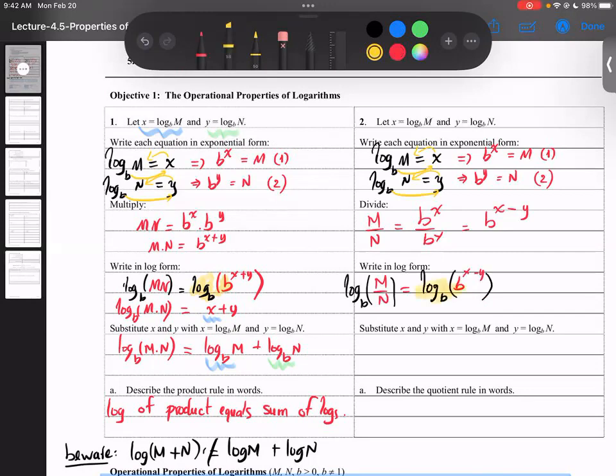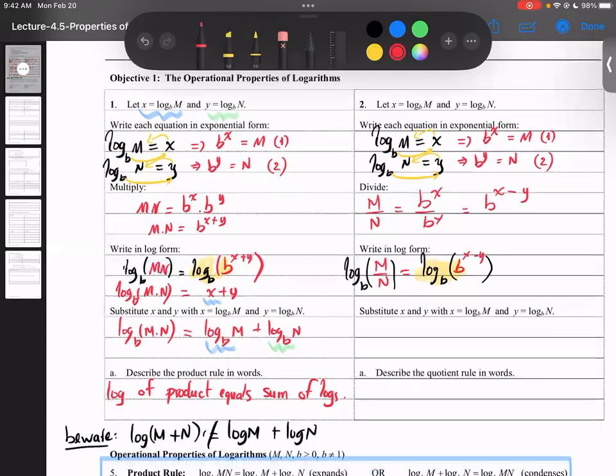It's pretty much the same, just slightly changed. Rewrite the left-hand side all the way, right? So log base b of m divided by n equals x minus y. Now, same step, you replace x with log base b of m. Replace y with log base b of n.